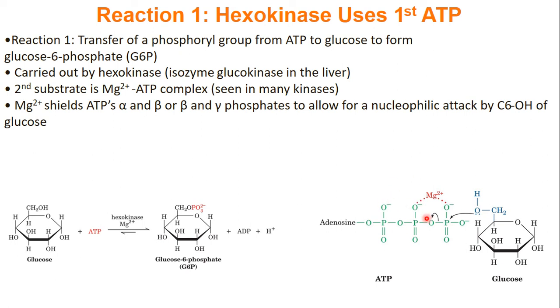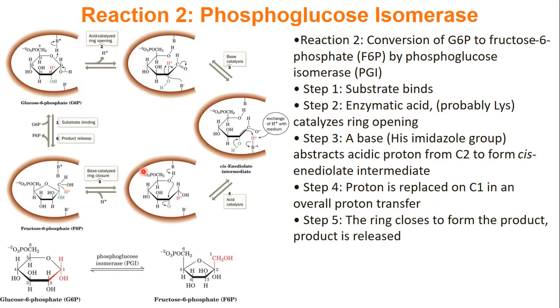You're hiding this negative charge, and you're drawing the negative charge towards the phosphate. This allows the OH of your C6 glucose to attack the phosphate of ATP and become glucose 6-phosphate. So that's reaction 1, making glucose 6-phosphate using hexokinase.